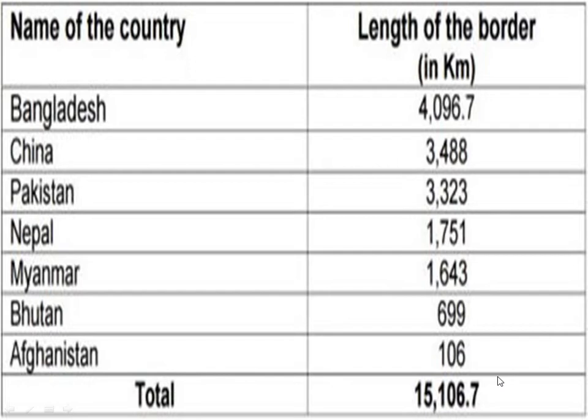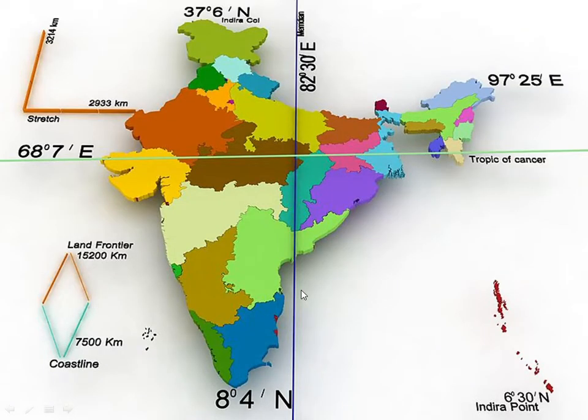So the coastline is 7,500 kilometer and India's land frontier is 15,200 kilometer. And you see the stretch of India: from north to south we have 3,214 kilometer, and east to west 2,933 kilometer.